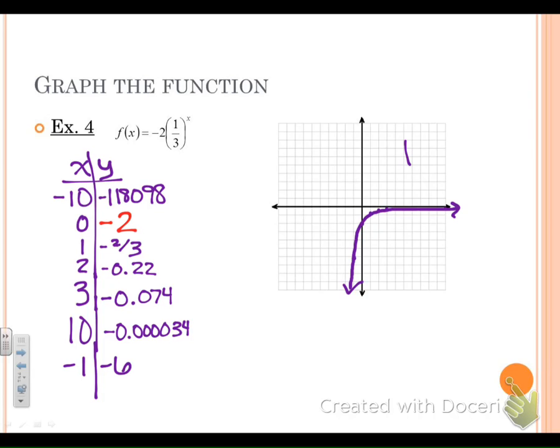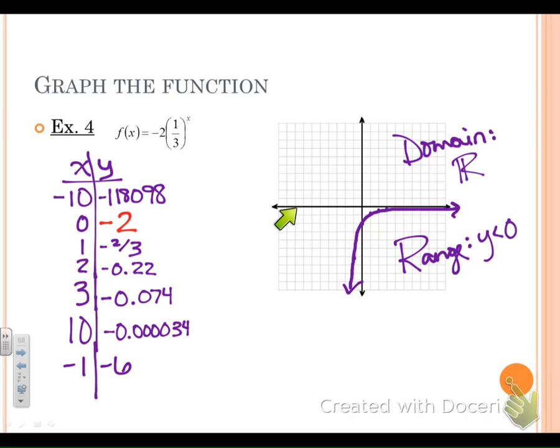Let's talk about domain. Domain is actually the same as yesterday. So domain's all real numbers, and because the leading coefficient's negative, range is less than 0. Notice the asymptote. The asymptote is still the x-axis, or y equals 0.